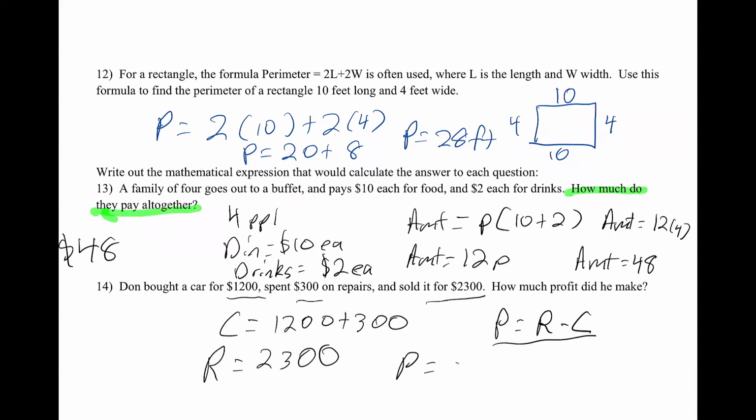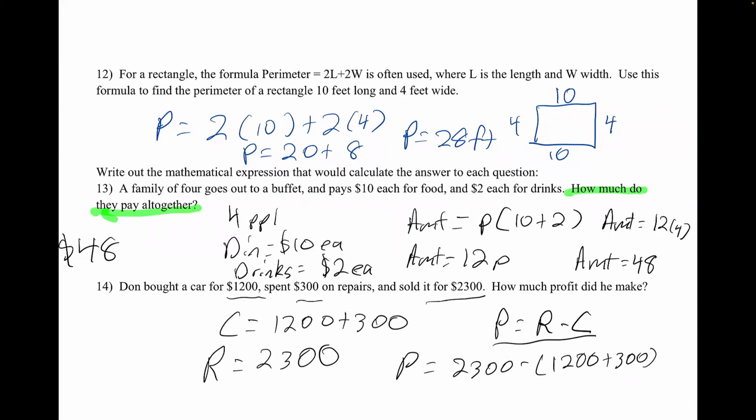To the revenue, 2,300, which is going to be 1,200 plus 300. And this is why parentheses are important. If I do this with parentheses, then I might think to subtract this and then add this as if it's profit. But I paid on both of these in this scenario. Well, Don did anyways.